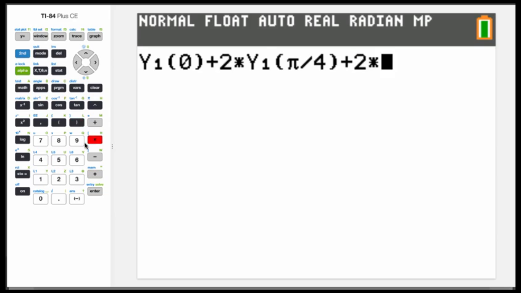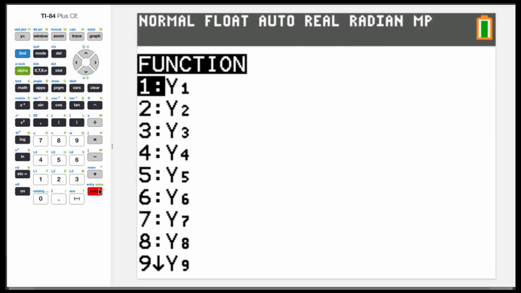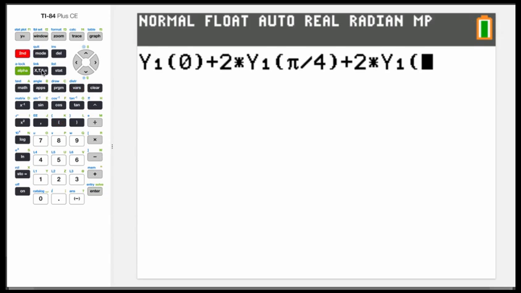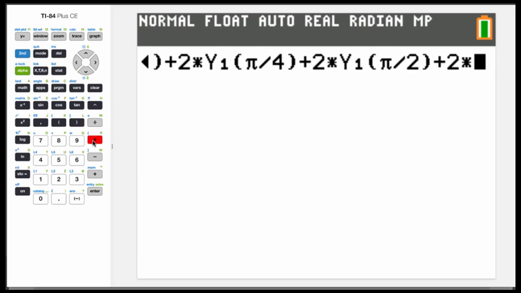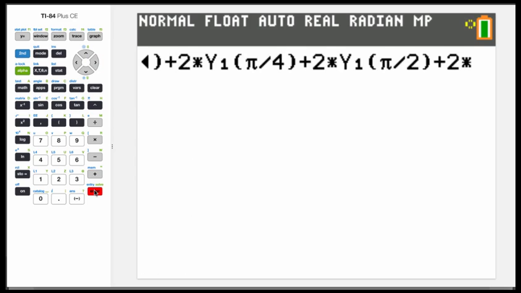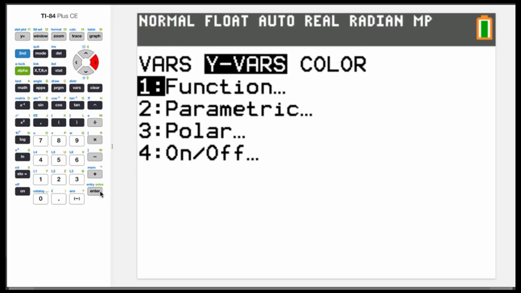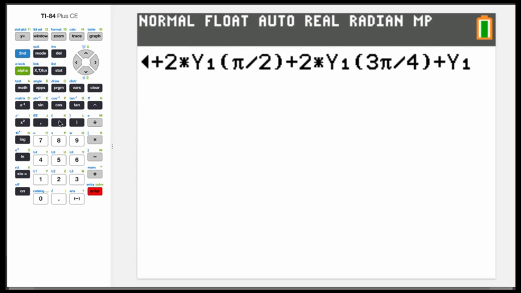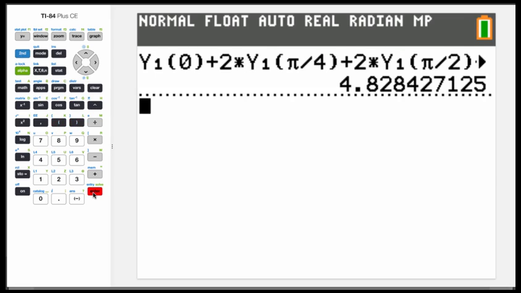Now we have 2 times y1 of pi over 2, so it should look like that for you, plus 2 times the function value at 3 pi over 4, and then finally the last one is simply the function value at pi. We're not multiplying that by 2.